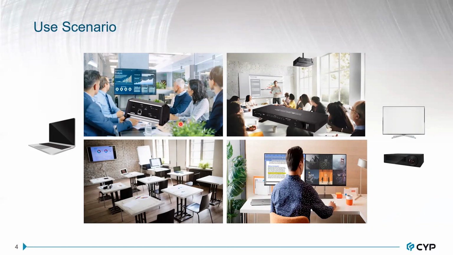The presentation feature is ideal for the large meeting room as it supports multi-format input. The extender is suitable for classrooms, to extend the source from the lecturer's laptop to the monitor up to 100 meters.